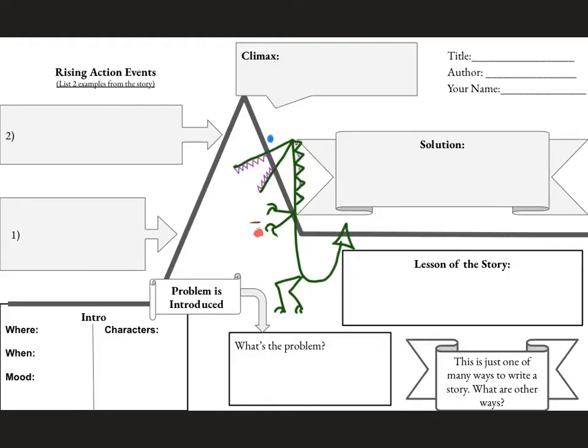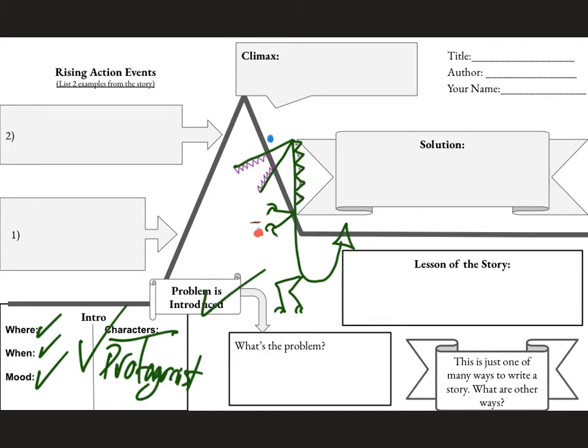All right, so we've talked about the introduction, talked about the where and the when for the setting, talked a little bit about the mood, and we talked about the characters, in which case we mainly just talked about the protagonist. We also talked about the problem, specifically what the problem is, who the conflict is with, and we'll talk a little bit more about that later in this video.